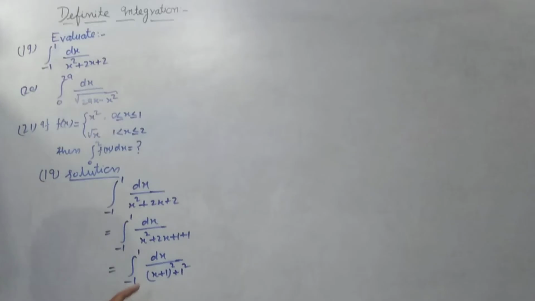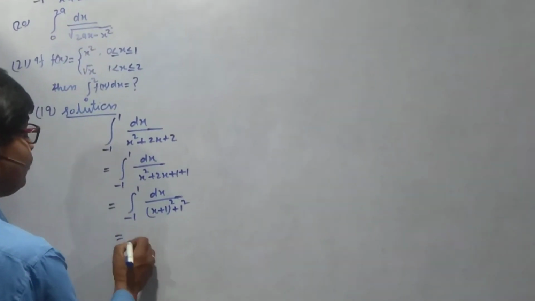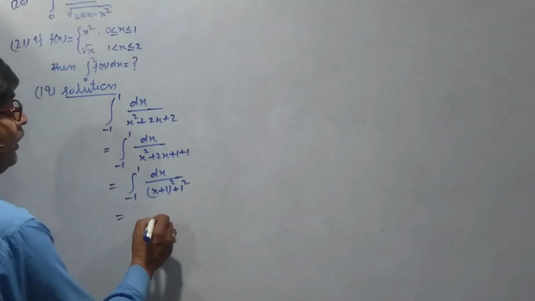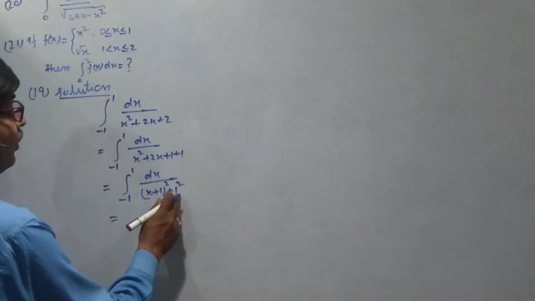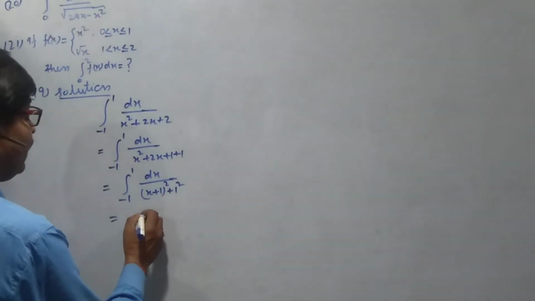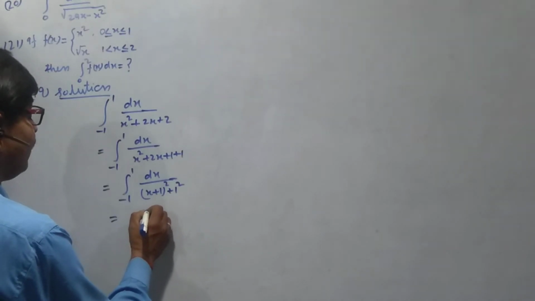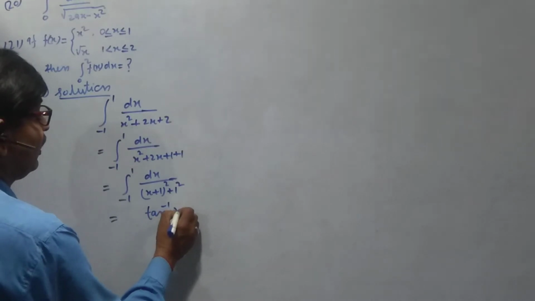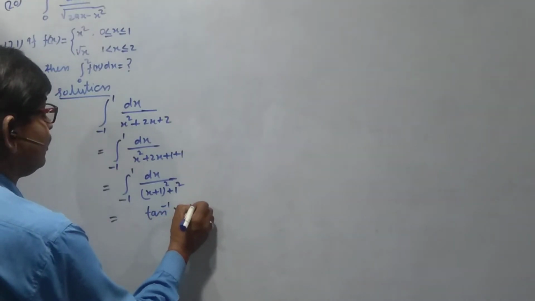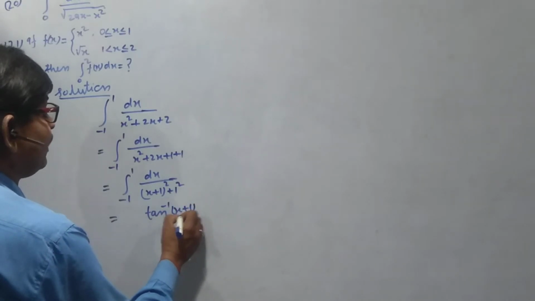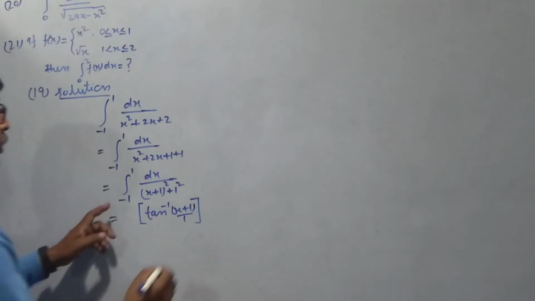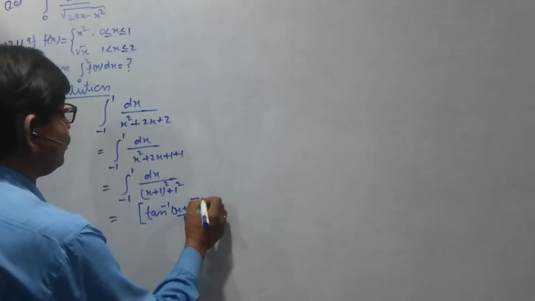Now the integration of this is equal to 1 by a tan inverse of (x plus 1) by a, where a is 1, so tan inverse of (x plus 1) by 1, and the limit will be minus 1 to 1.